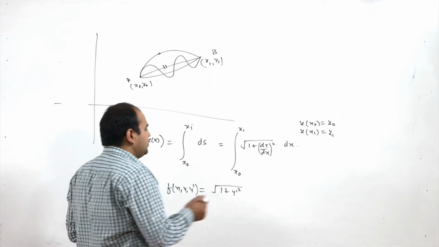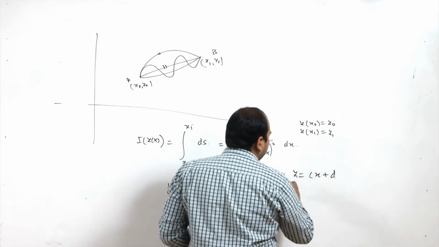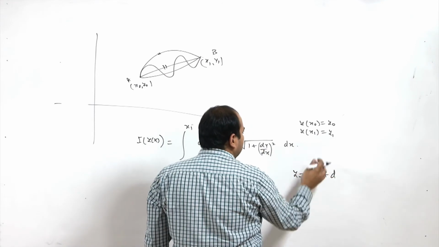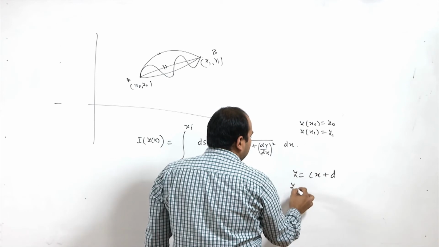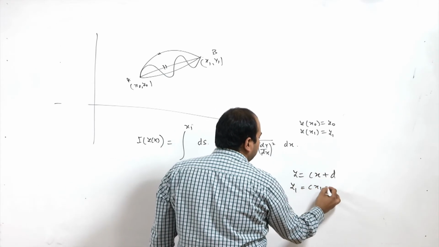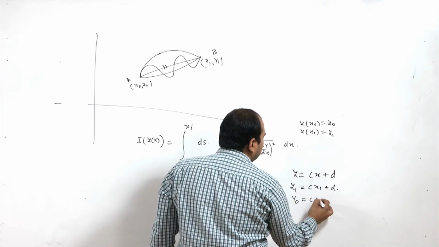So in this case your solution is y equal to cx plus d, and if you want to find the values of c and d, you can use the boundary conditions. At x equal to x1 it is y1, so y1 equal to cx1 plus d, and y0 is equal to cx0 plus d when x is equal to x0.